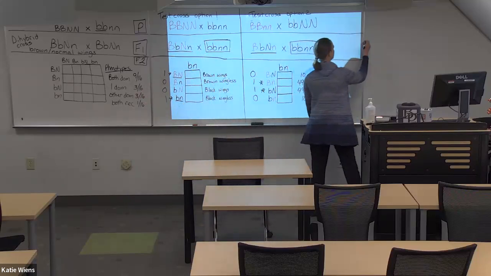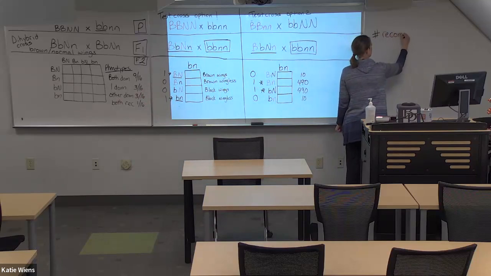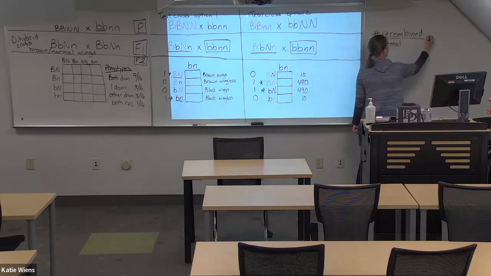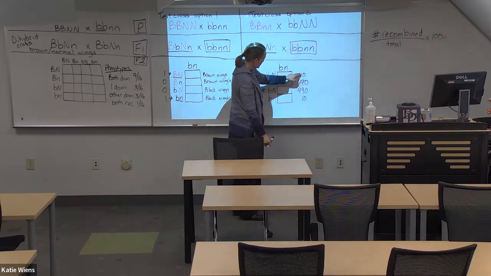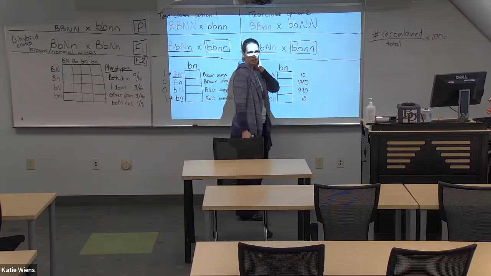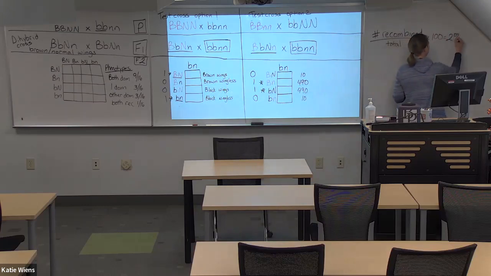To do that, you do your number recombined over your total, times 100, and that'll give you your percentage. So our number recombined is 10 plus 10, which is 20, divided by 1,000, which gives us 2% in the end.